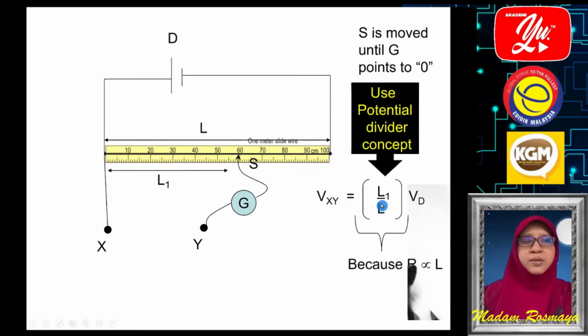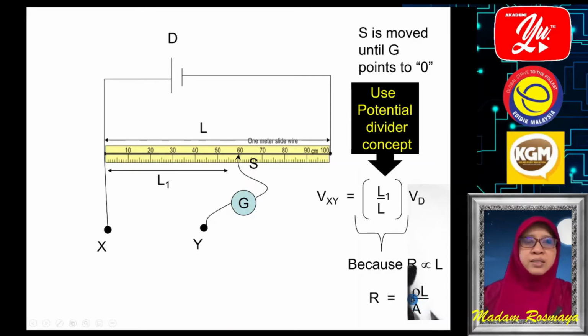And why can we use the ratio of L? Because the resistance of the wire is directly proportional to the length of the wire, because we use the same wire. From the formula R equals rho L per A, where rho is the resistivity of the wire, L is the length of the wire, and A is the cross-sectional area of the wire.